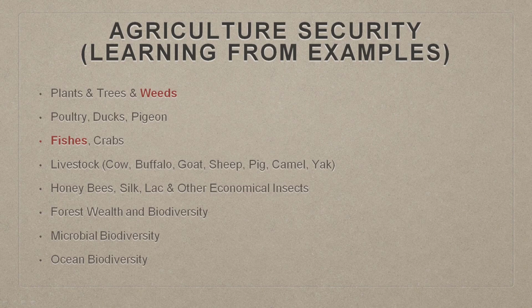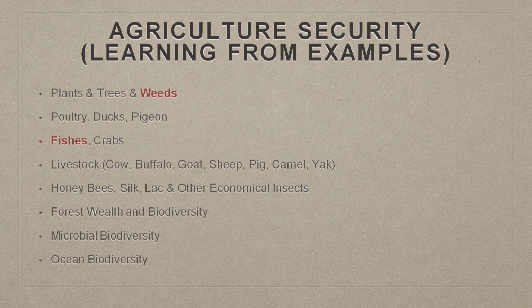Again, there are a series of microbes which are detrimental to plant health, animal health, and some of them are vector-borne disease causing microbes like malaria, likewise Lyme borreliosis, Lyme disease. Then there are several other microbes which are carried by several insects which bite humans and cause disease.